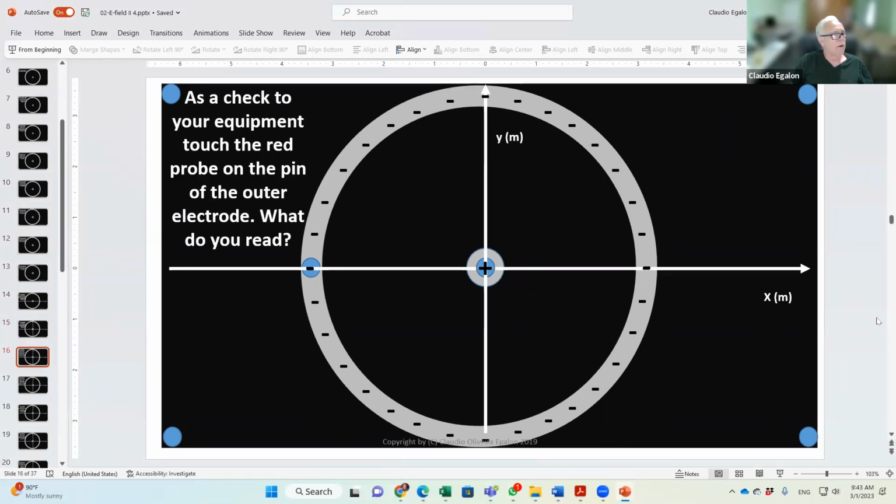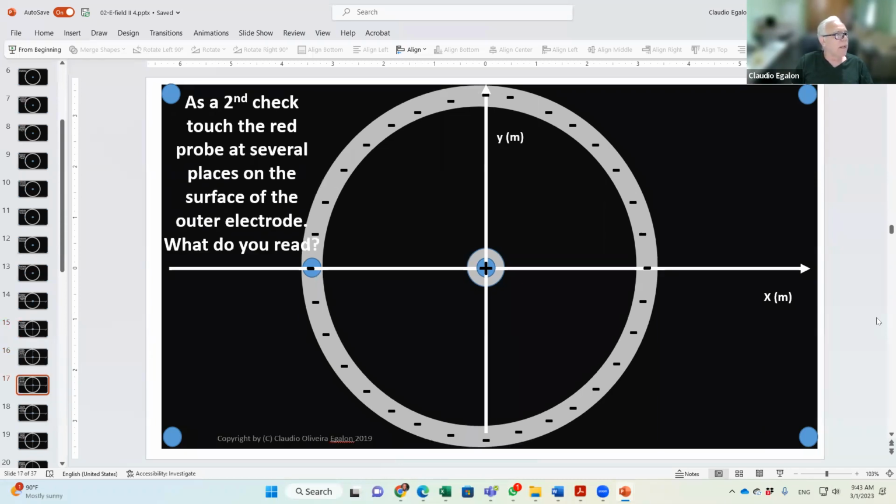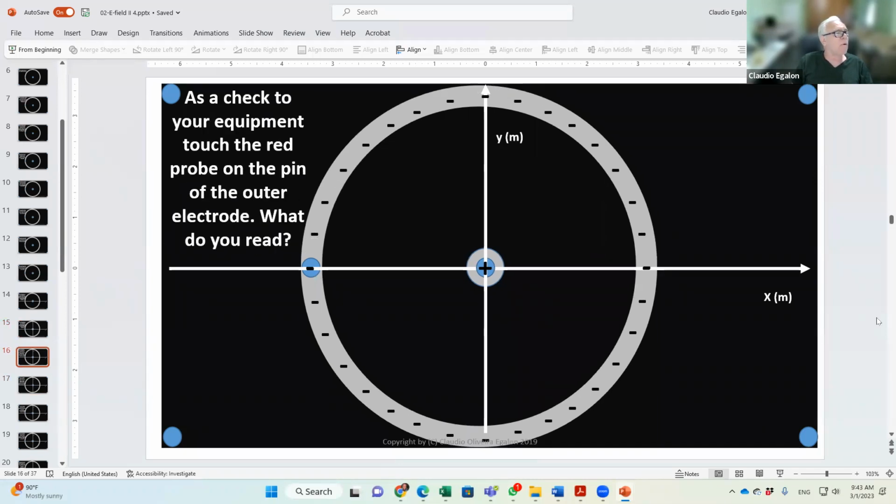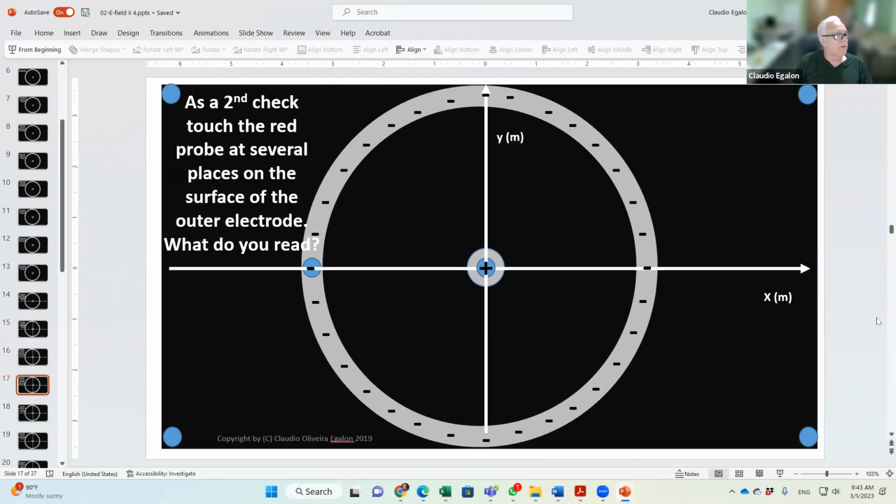As a check of the equipment, touch the red probe to the pin of the outer electrode. You're supposed to read 10 volts. Now you're supposed to read 0 volts. As a second check, touch the red probe at several points of the surface.